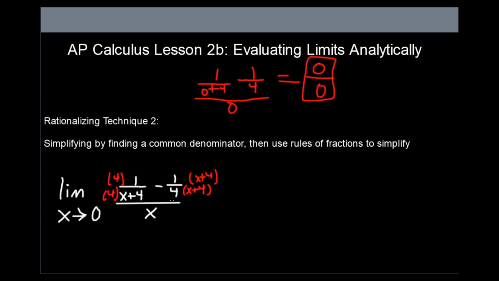we are going to have 4 minus x plus 4 over 4 times x plus 4, because this is 4 right here, and then this is minus x plus 4 at the top, and then this is just combining these two under one fraction.